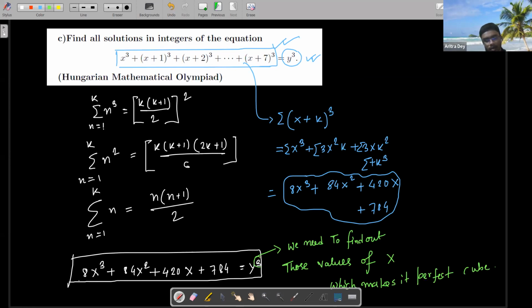Here it is a cube, but it can be generalized, we can take square, cube, fourth power, anything like that. The expansion of x plus k cube is simple: I open it using the formula for a plus b whole cube, and then I take the summation over k. That's it.